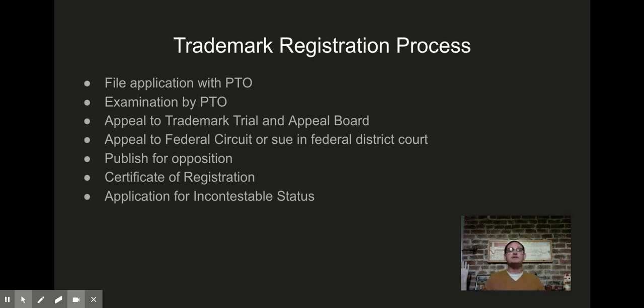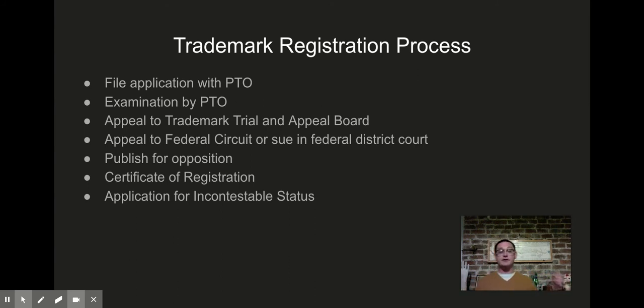In other words, does it satisfy the criteria for registration? They may have a back and forth with the applicant to determine whether there might be a need for a disclaimer of certain elements of the mark or a narrowing of the mark from what's actually being claimed. And the examiner will either then agree to grant the mark or not, and it'll be published for anyone else to see. So if someone wants to file an opposition, they'll be able to do that as well.